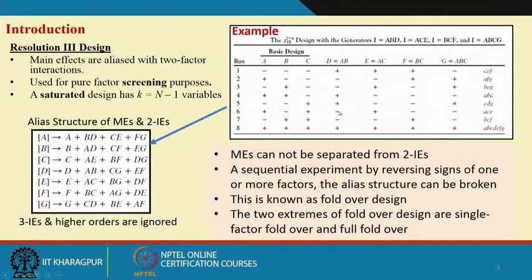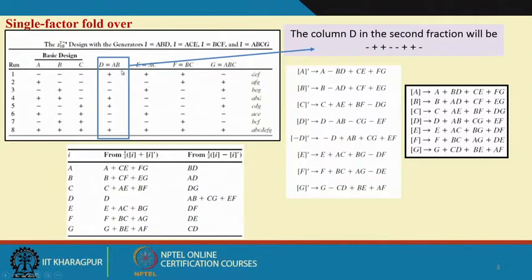Now, suppose you do one thing, you do the sign reversal for D. If you do the sign reversal for D, so plus minus minus plus plus minus minus like this will be reversed to minus plus plus minus minus like this.